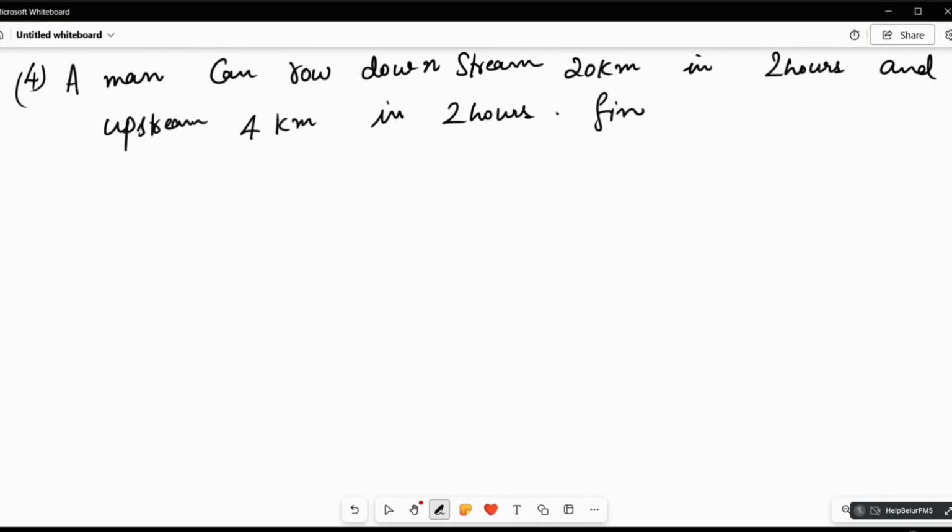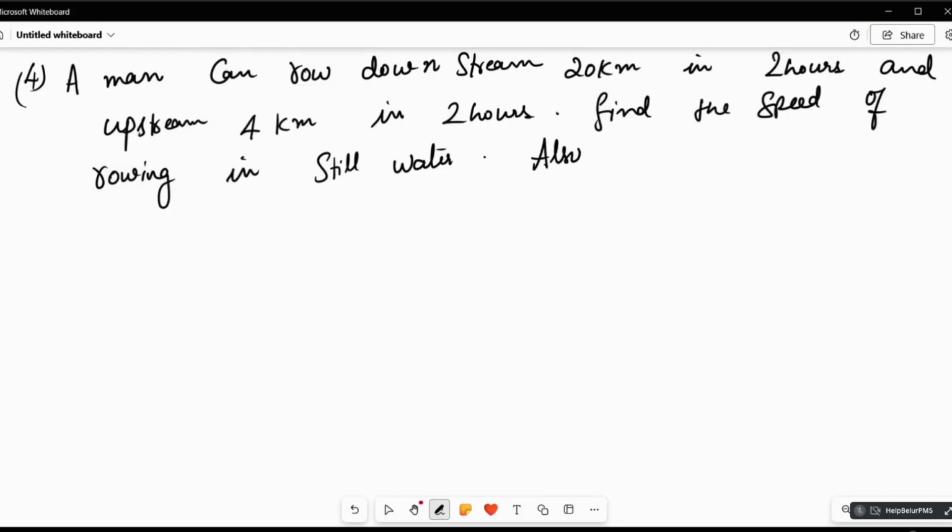Find the speed of rowing in still water. Also find the speed of the current.